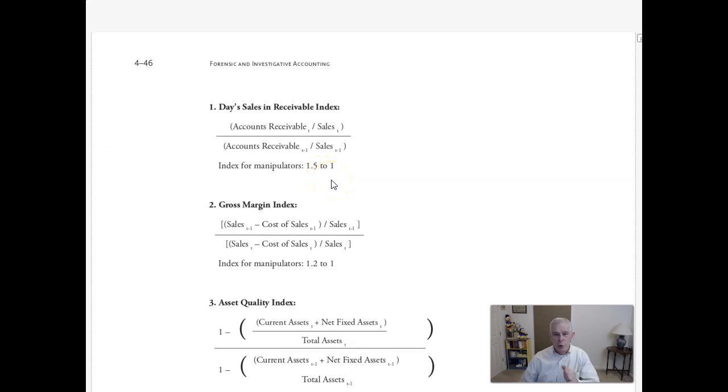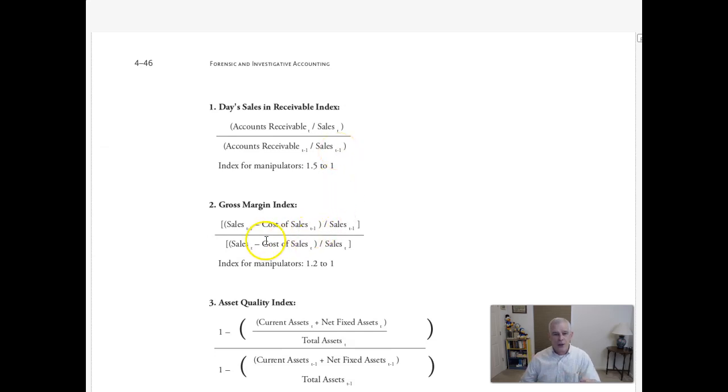So if you start getting towards 1.5 to 1 on this ratio as the answer, it's more possible fraud could be present. And you can see what the ratio is. You can have these new ratios available for your exam purposes. You have the current year's receivables and sales divided by T minus 1, last year's receivables and sales.